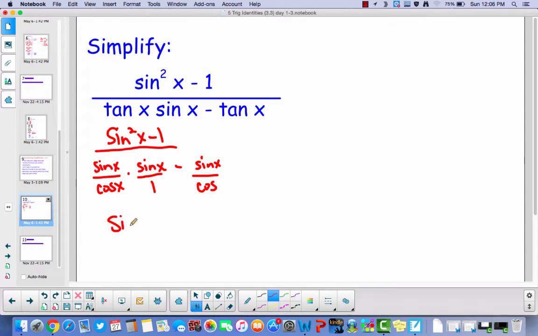Numerator hasn't changed, sine squared of x minus 1. Sine times sine is sine squared of x over cosine of x minus sine of x over cosine of x.